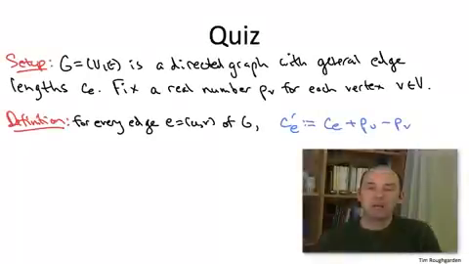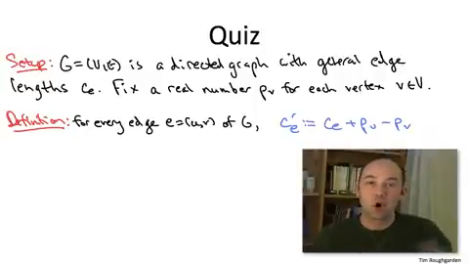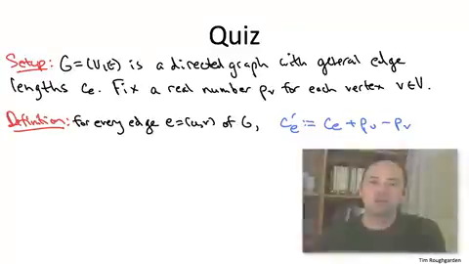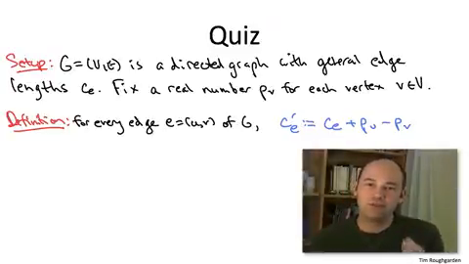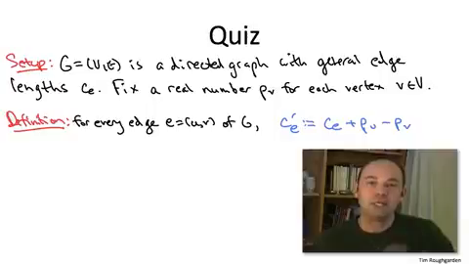So in this quiz, we're again going to think about one of our usual directed graphs. Every edge has a length, and the lengths can be arbitrary real numbers. Here is the twist. For each vertex v, there's going to be a number p sub v associated with that vertex. Don't worry about where these p sub v's come from. We'll discuss that later. Just think of it as any old number.